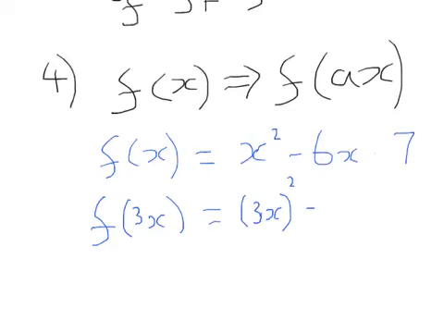Squared, minus 6 lots of 3x, and minus 7 is just going to stay the same. 3x all squared minus 6 lots of 3x minus 7.